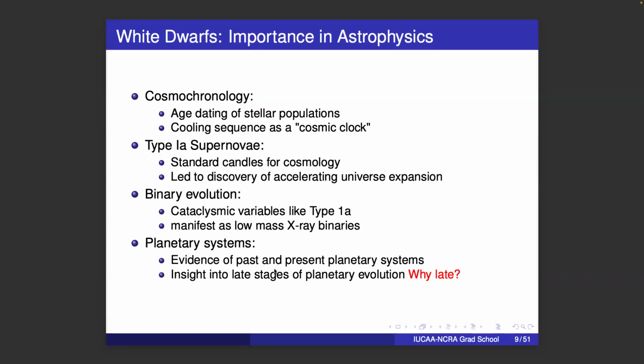Okay, planetary systems, evidence of past and present planetary systems. Past planetary systems, because, see, take the example of the sun. Right now, it's not a white dwarf, but when it becomes a white dwarf, what will be the planetary system of that white dwarf?